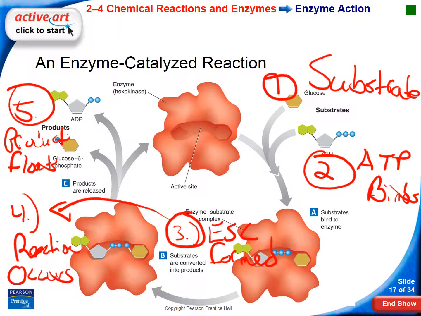And this is the same thing we've been talking about, but now it's showing it in a cycle. So step 1 is right here, our substrate binds. Step 2 is here. We left out a step 2, we're going to add one step in the middle. The new step 2 is ATP binds. Step 1 is substrate.